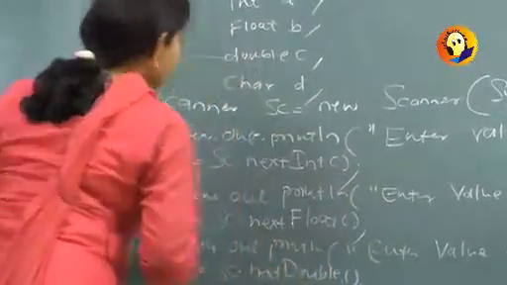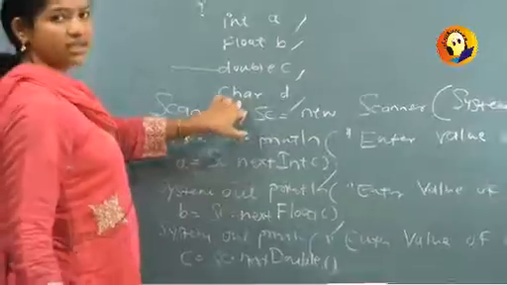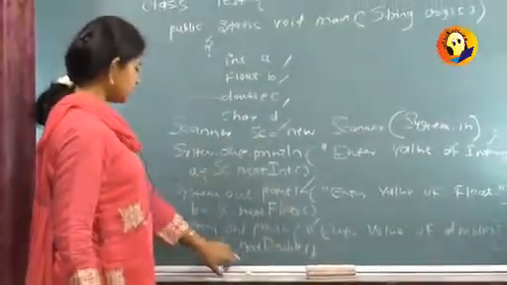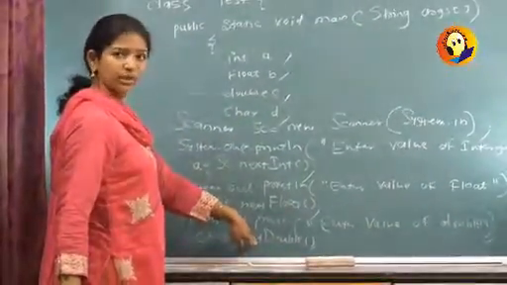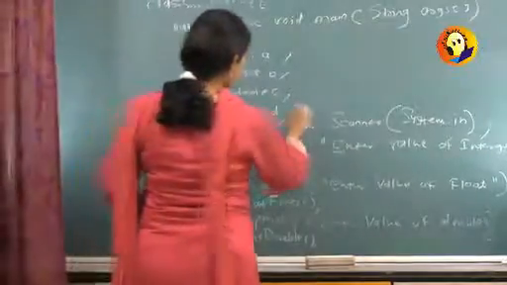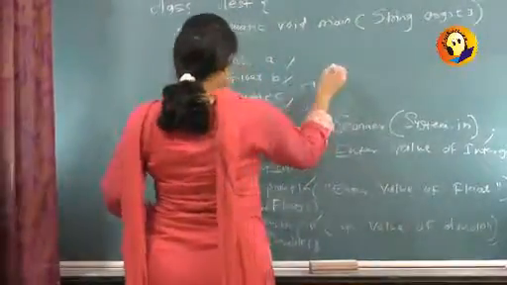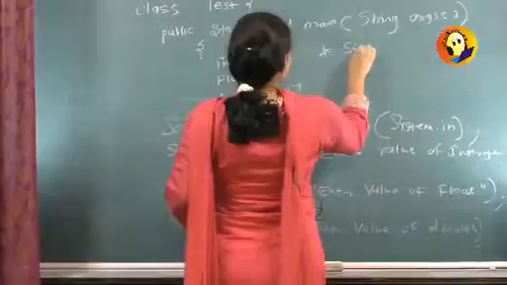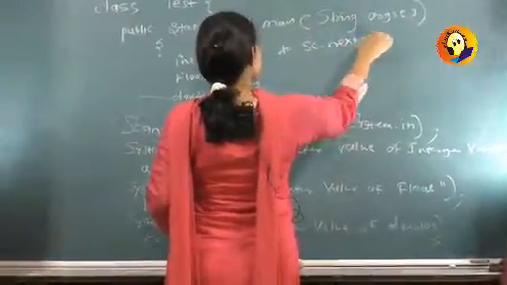For reading a character in the same way, d is equal to sc.next, only the next method for reading characters.